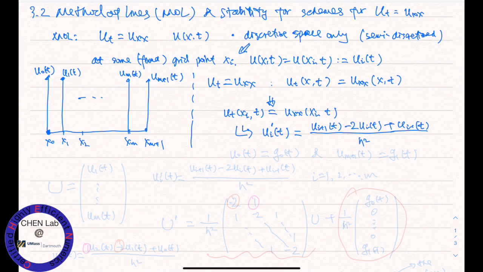Of course, we still have the boundary conditions: u_0(t) is, using our notation from the last lecture, g_0(t), and u_{m+1}(t) is simply g_1(t).